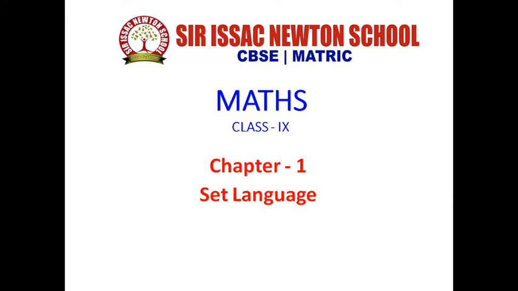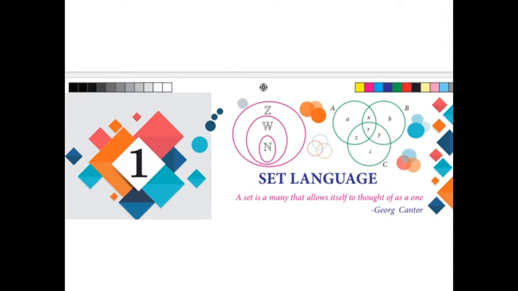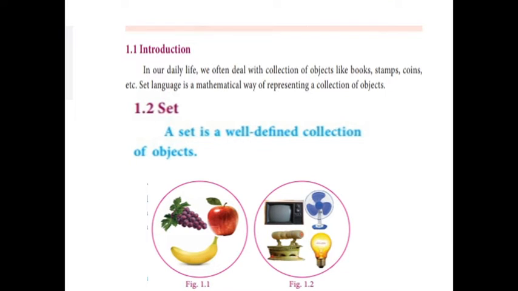So what is set language? In this universe we have different types of objects or things. We gather things that have a common property. Look at figure 1.1, a set of fruits, and figure 1.2, a set of household items.